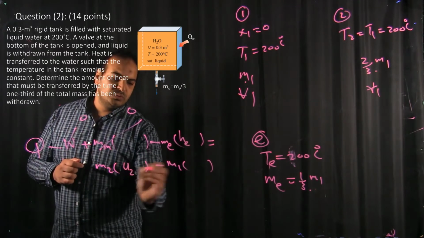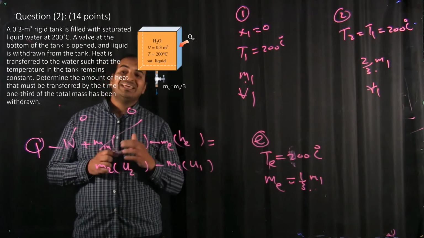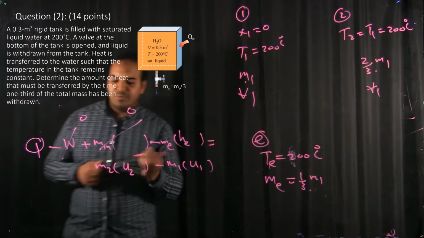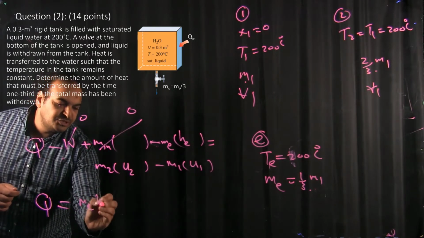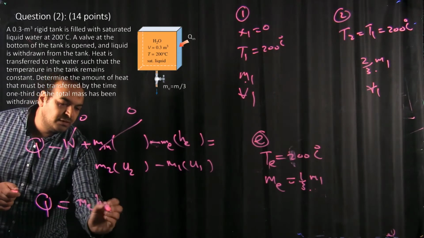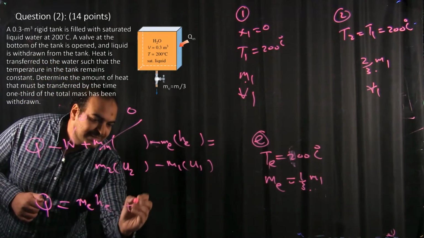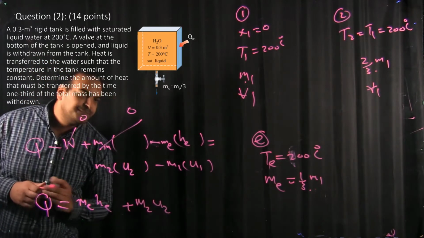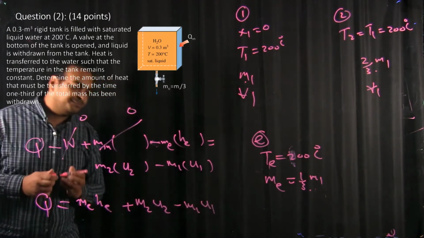We have just U2, we have just U1. We neglect kinetic and potential energies. So this equation would be Q equals M exit H exit, the enthalpy of the outgoing mass, plus M2 U2 minus M1 U1.